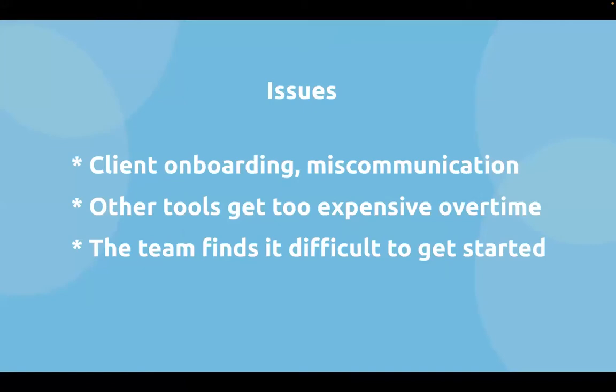Definitely client onboarding, miscommunications, and other tools can get so expensive, especially when you want to add new team members or new seats. This can get really expensive. With Blue, it's just one payment, like $50 a month, and then you'll be able to have as many users as you want, unlimited storage, and unlimited projects. So it's just one fee instead of doing add-ons.